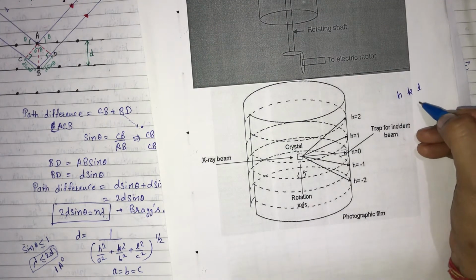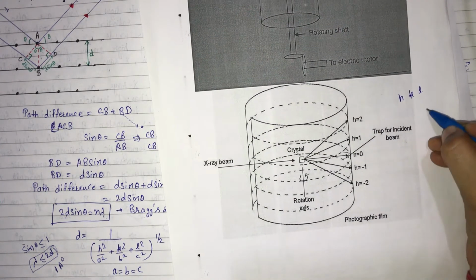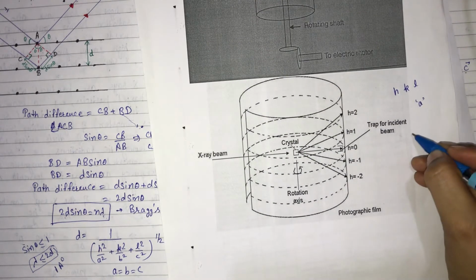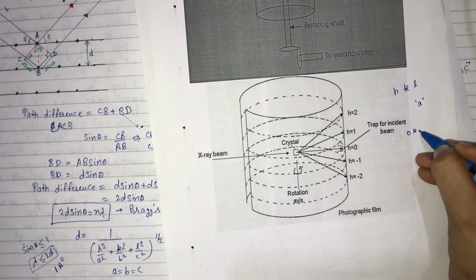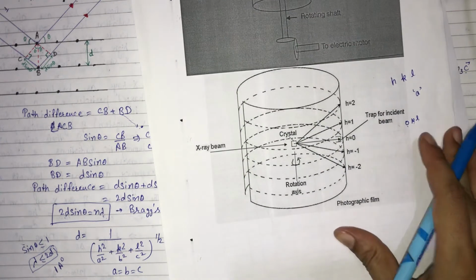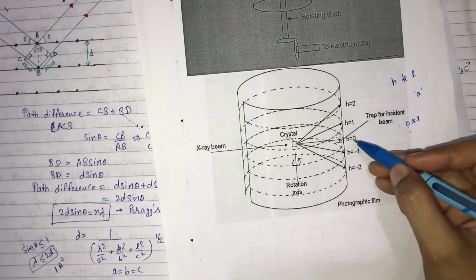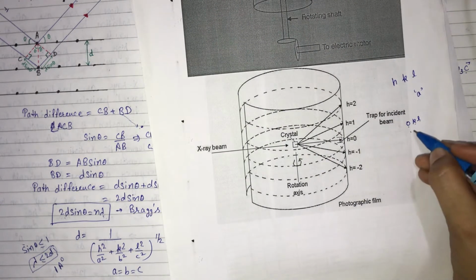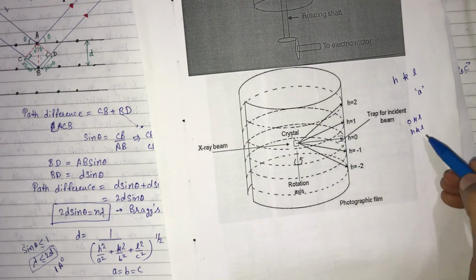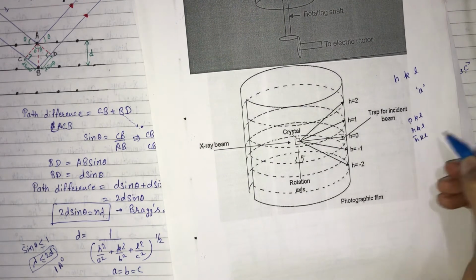Suppose we have placed the single crystal in such a way that axis A coincides with the rotation axis. So at location 0 we get the pattern for the plane 0KL. Now the diffraction pattern will be obtained above and below this 0 value. Above and below we get different HKL diffraction patterns, and below this we get the H bar KL diffraction pattern.